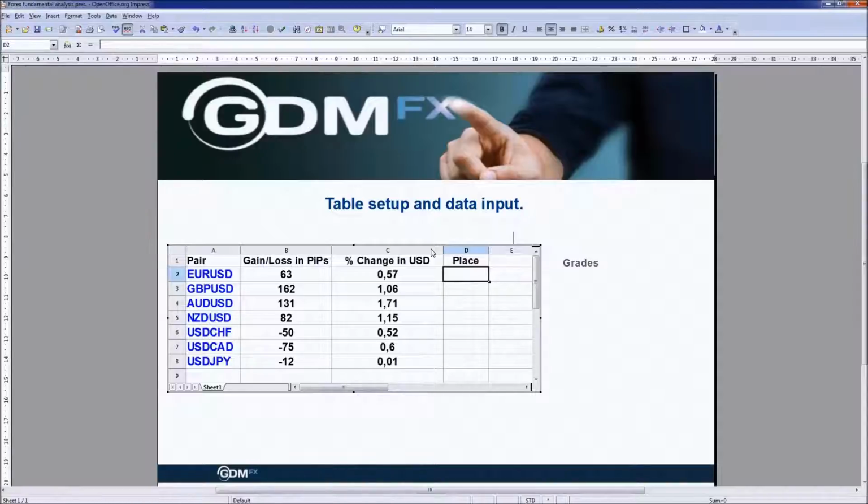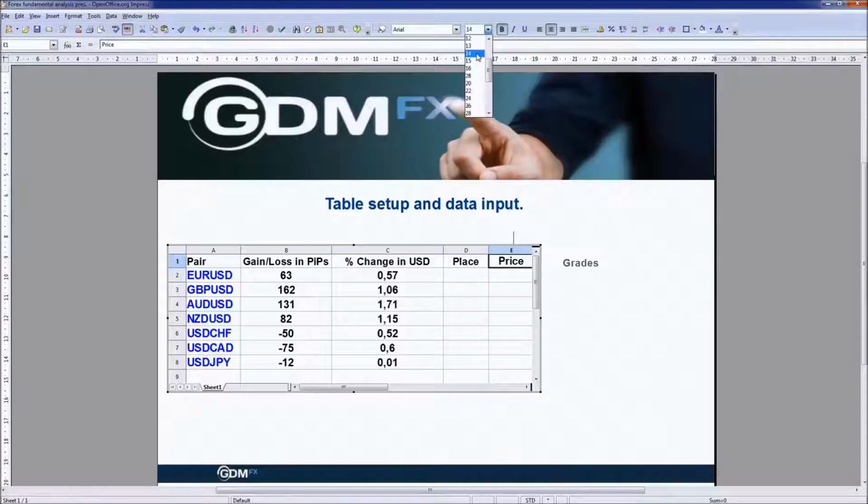It's not a difficult thing. You can, of course, add another column here, for example, current price, if that's something that is going to help you out, and just input the data prior to your calculations. It's up to you to decide what you want to do.